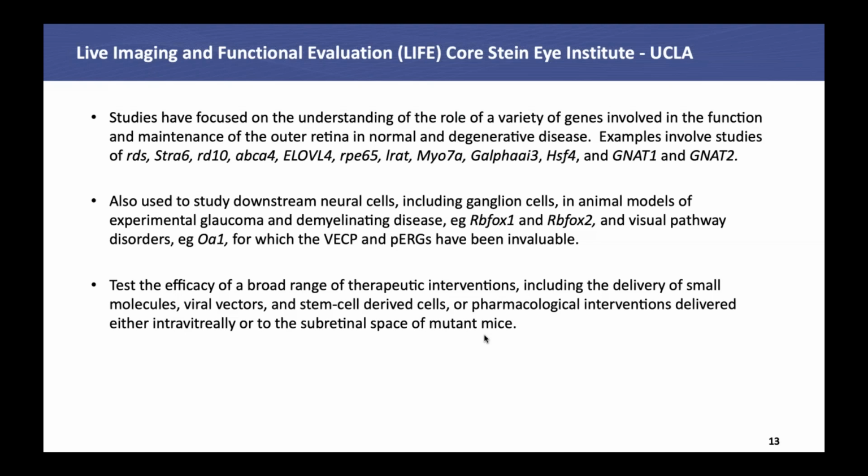We also, for those who are doing therapeutic interventions, the Life Core has been a first station to evaluate the effects of any therapeutic intervention that comes down the pike, including small molecules that are delivered to the retina, any kind of viral vectors, stem cell derived cells like RPE cells, in addition to pharmacological interventions that are delivered either intravitreally or in the subretinal space.